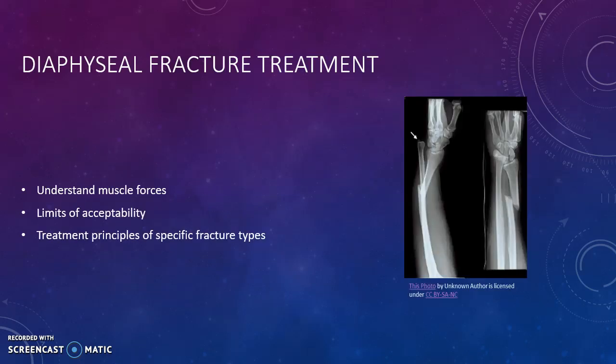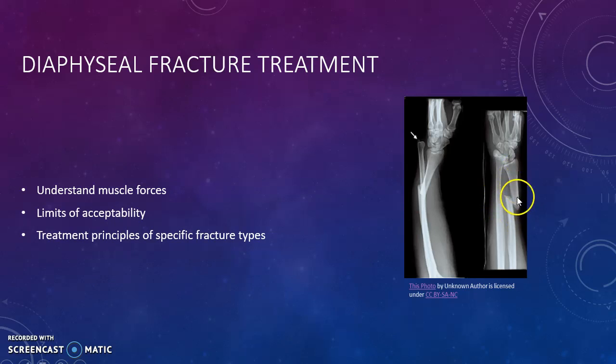What happens with the diaphyseal fracture? Here you can see a diaphyseal fracture of the radius, and there is disruption of the distal radioulnar joint. This particular type is basically the Galeazzi fracture dislocation, and what you need to understand is the muscle forces that are displacing.